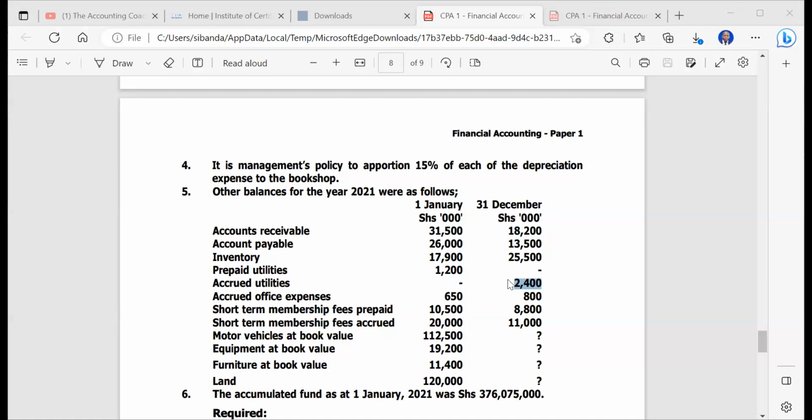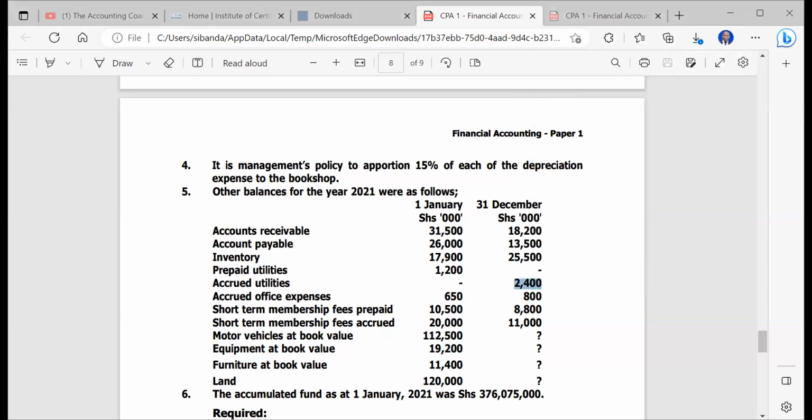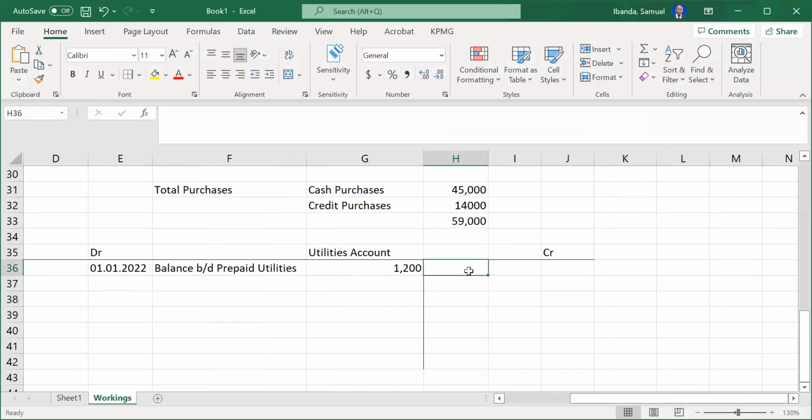So this 2,400, I'm going to copy it and come here. I usually put it down on the debit side. I said the debit side, if you remember. 3102.